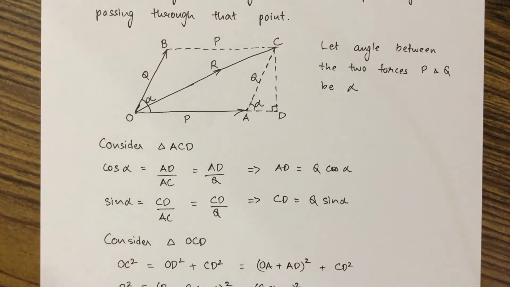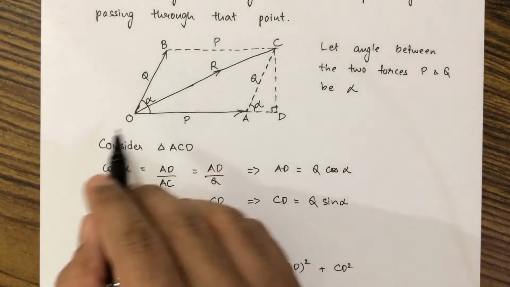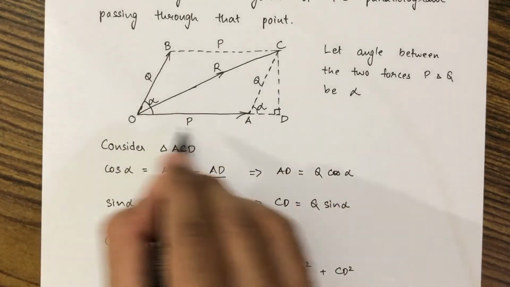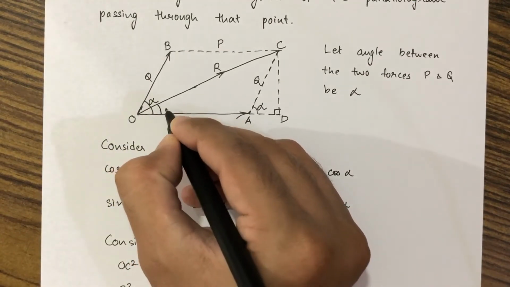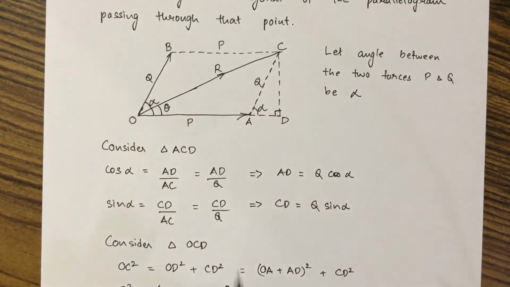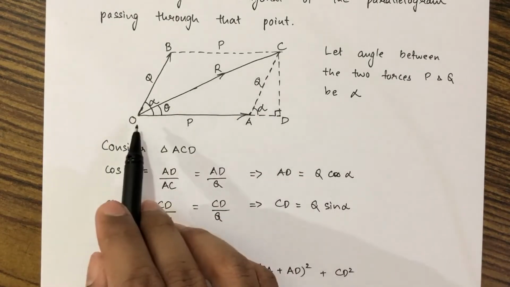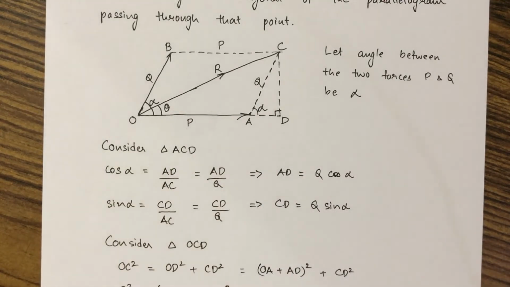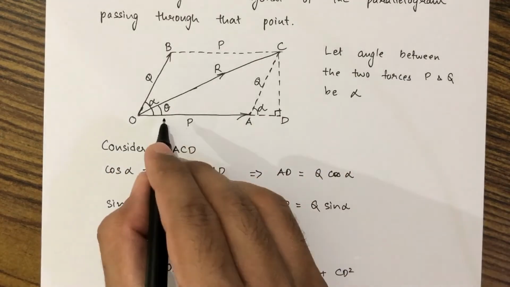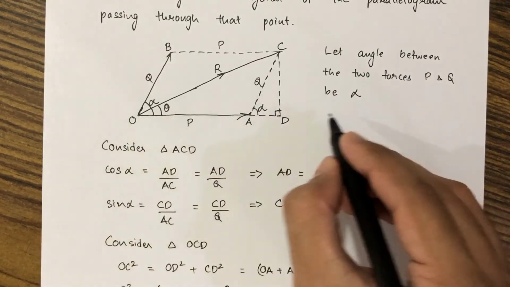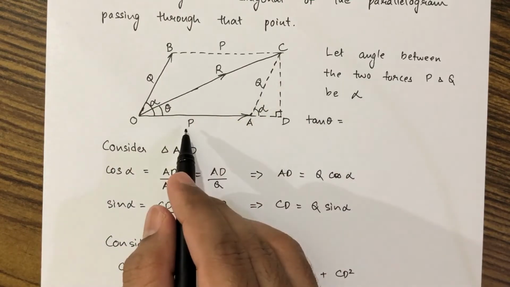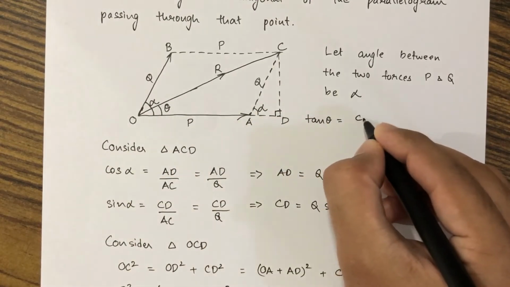Now, if we need to find the direction of this resultant with respect to the horizontal, suppose this is the horizontal and the angle between the resultant and the horizontal is theta. Theta is the angle made by the resultant with OA. From this, tan theta will be opposite upon adjacent, that is CD upon OD.